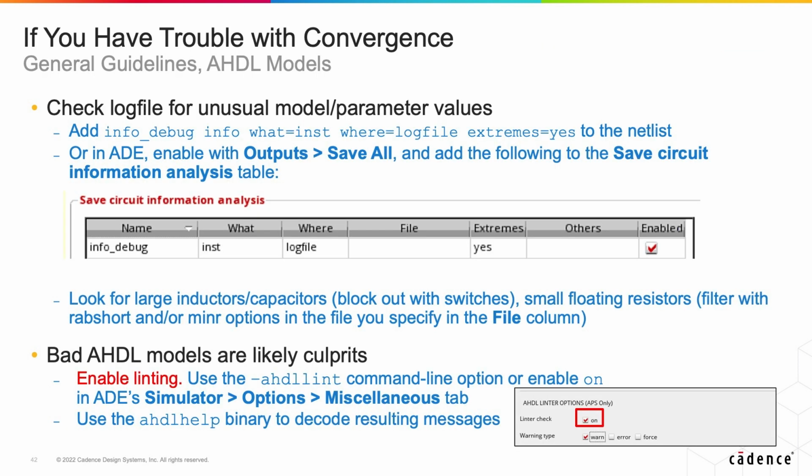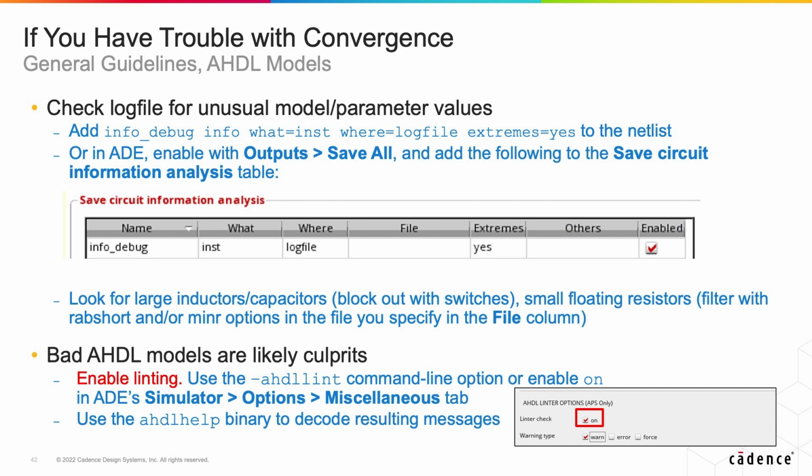So, again, this is more troubleshooting. If you have trouble with convergence, it's usually, not always, AHDL models that can cause the most problems, especially if you have very fast rise and fall times.